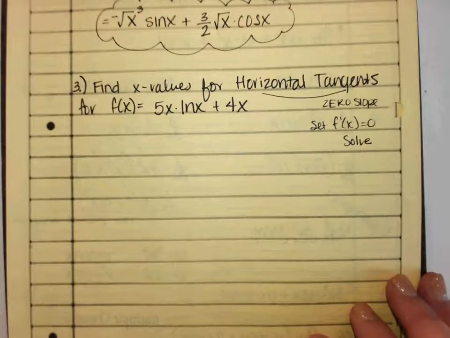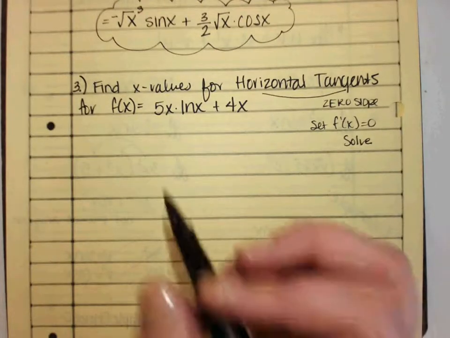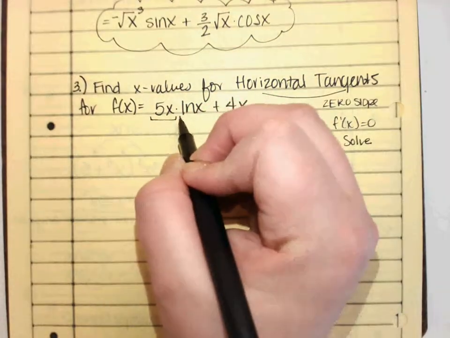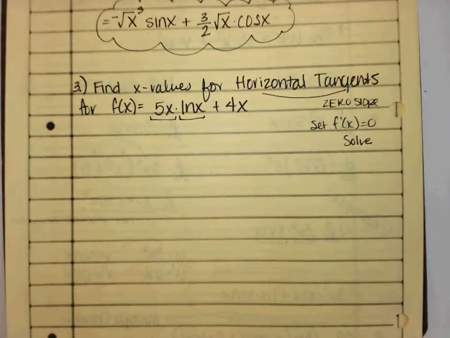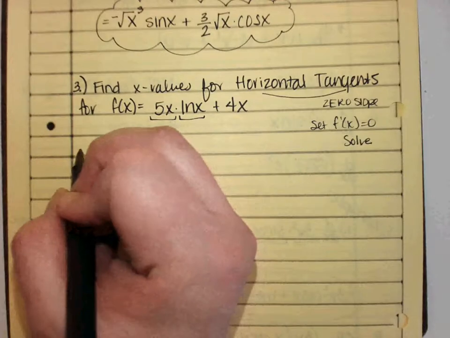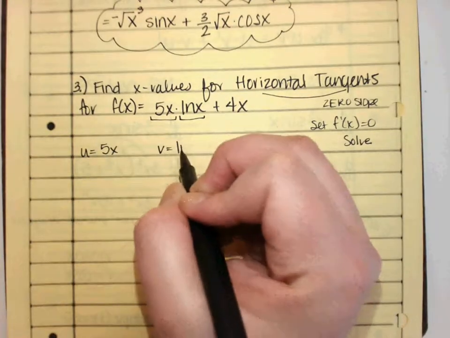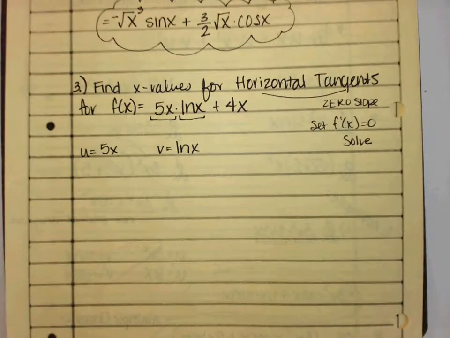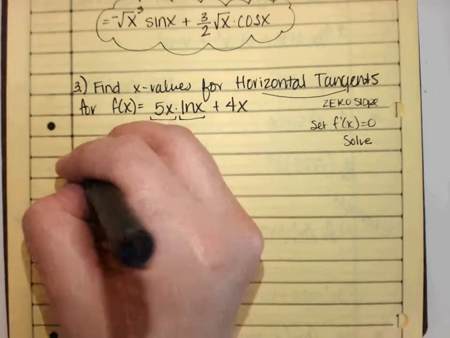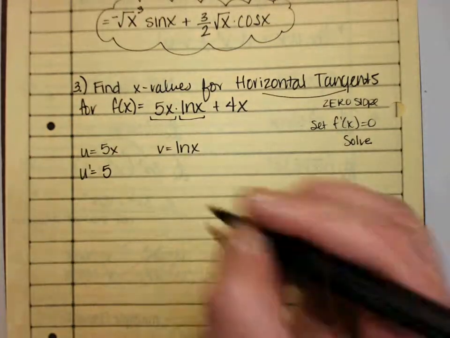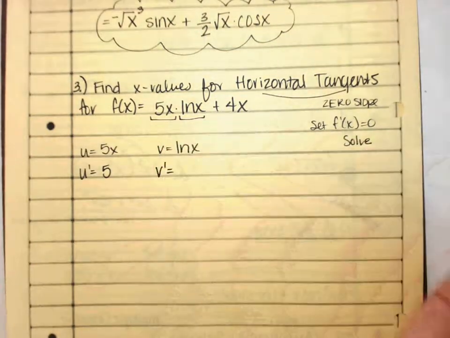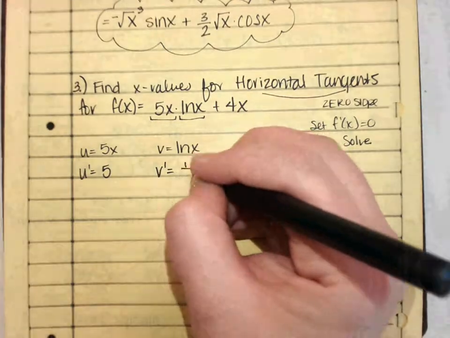When I take the derivative, though, I'm going to have to use product rule. So underline the parts of your product. Those are my two pieces. So my u is going to be 5x. My v is going to be ln x. What's u prime? 5. What's the derivative of v, which was ln x? 1 over x. Very good.